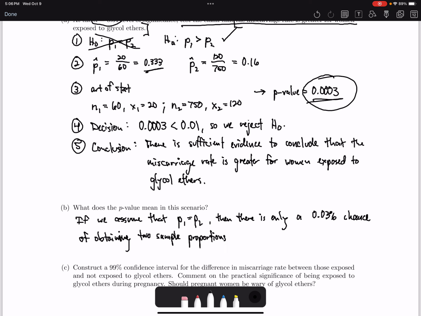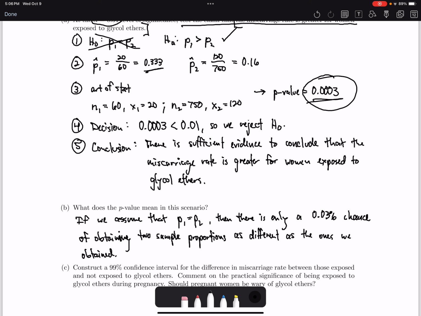You could say as different or as far apart or something like that. And this is why we reject the null hypothesis in this case.